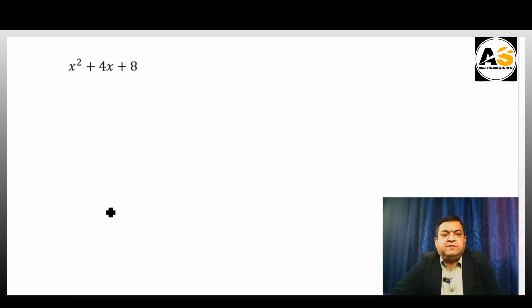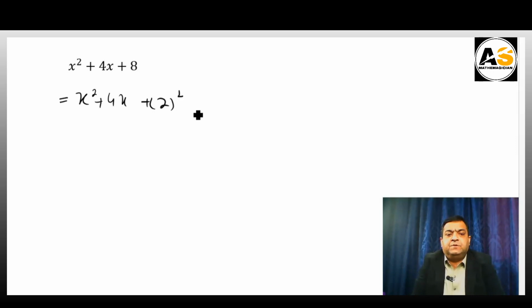Another example of same case, x square plus 4x plus 8. What we will do? We will take half of b, which is plus 2. We will add and subtract its square to make it a complete square. Plus 8 will be at the end.